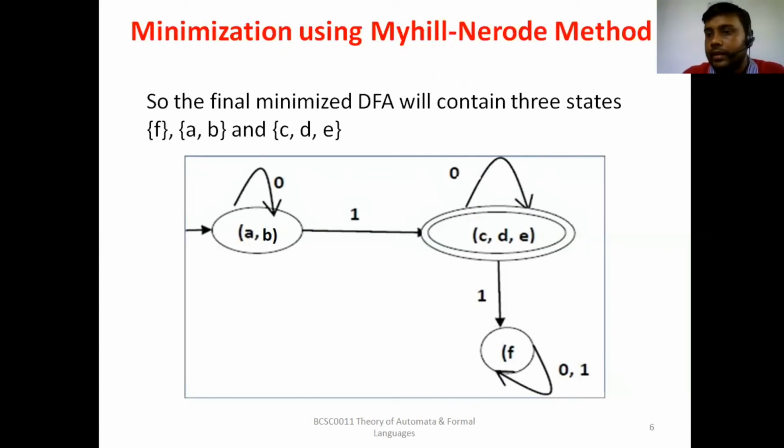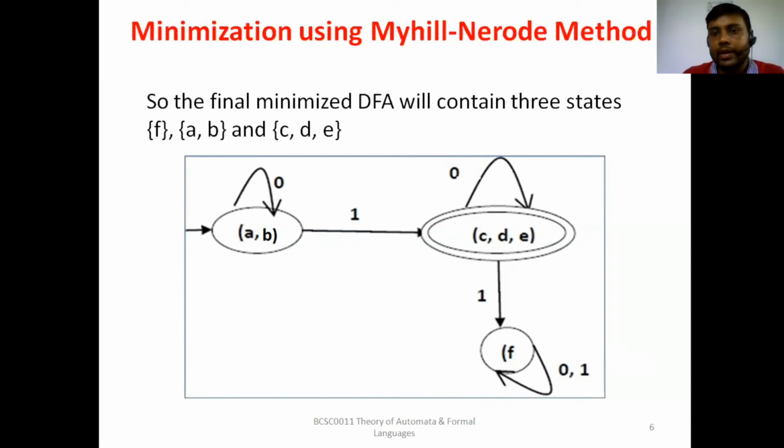Since C, D and E are final states, CDE combine together to form a new final state. In the same way, since A is the initial state, the combined state AB will be considered the initial state. So this is the minimized DFA after using the Myhill-Nerode theorem for the given problem statement.